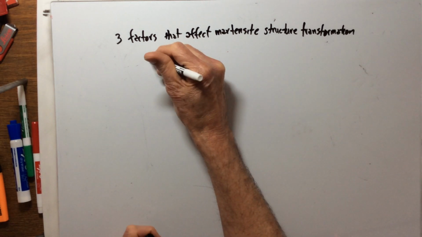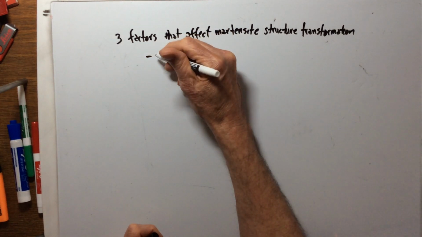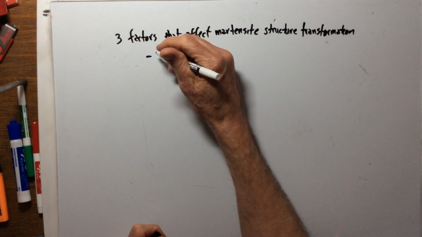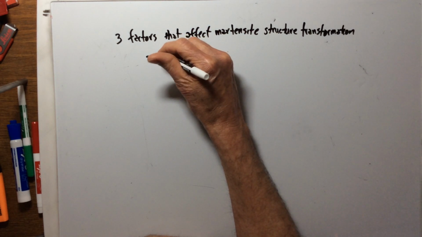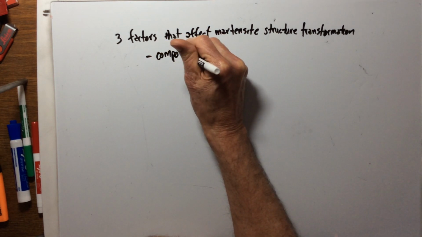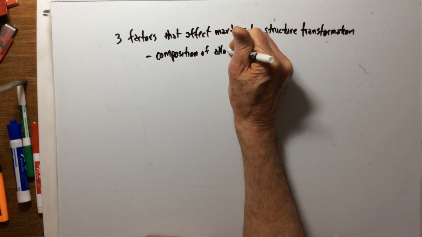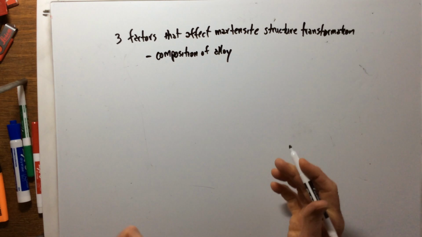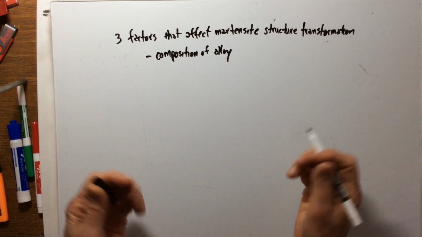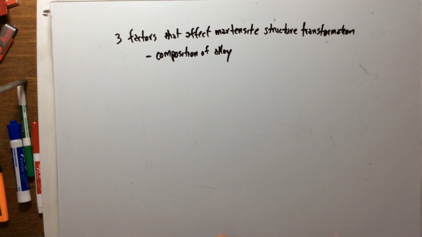Okay, so these aren't in any particular order, but the first thing obviously is going to be the composition of the alloy. If you do not have enough carbon and or the alloying elements in there, you'll never have a shot at getting there because the nose will be too far over. All right, the nose would be too far over.